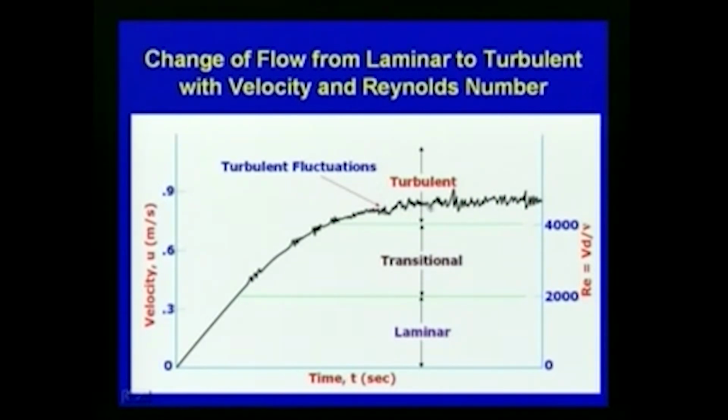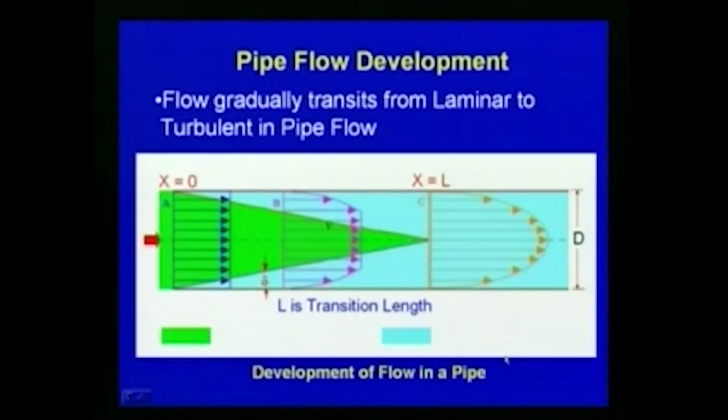Due to the fluctuations the flow is turbulent. So, if we plot velocity with respect to time and Reynolds number, we can see how the flow situation is, whether laminar, transitional or turbulent.